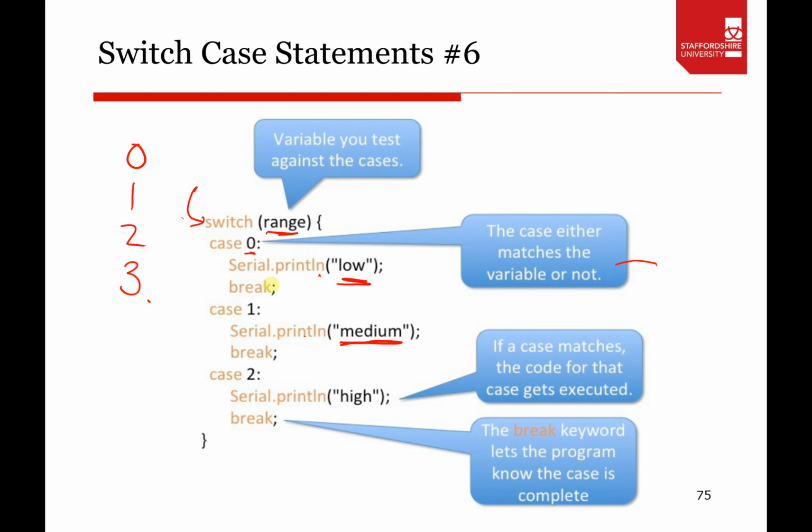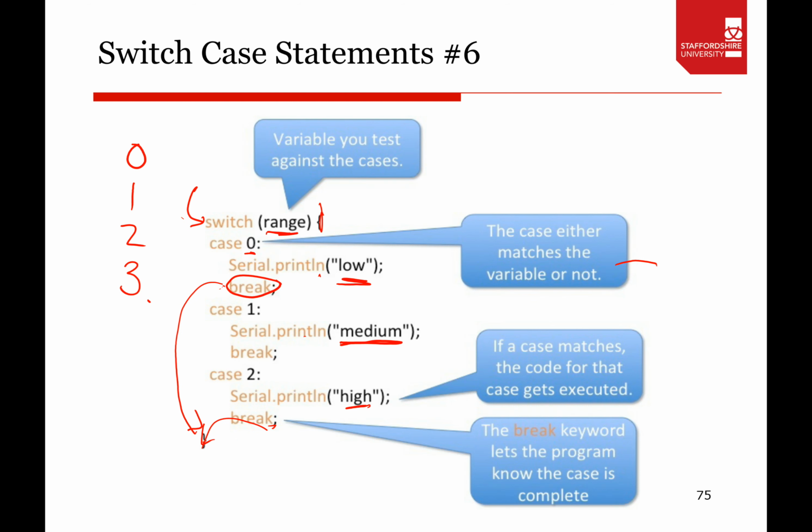What I didn't mention is we've got breaks here. So when we have a break, then we jump to the close brace that matches the open brace of the switch case statement. Case 2, we have a Serial.print high, and that jumps to break.